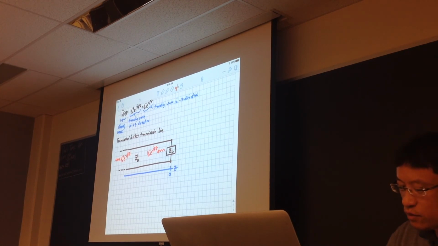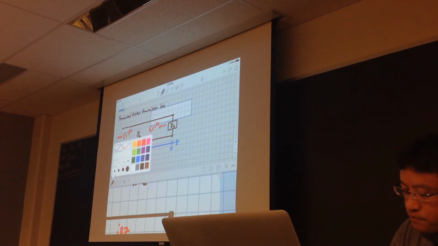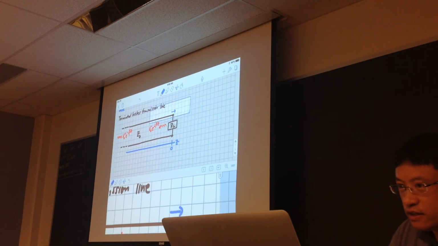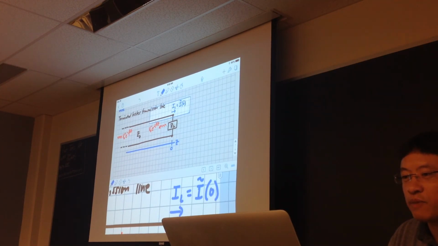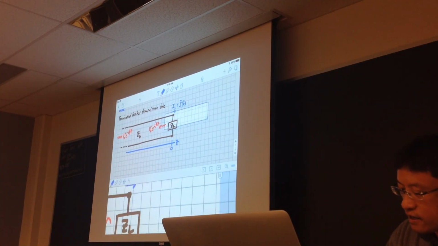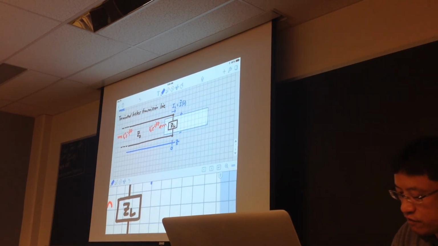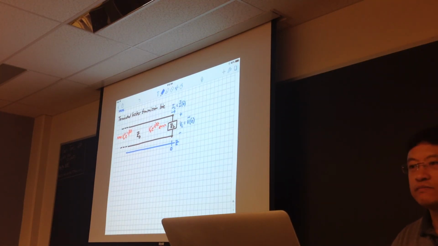Let's see that. We can solve for the reflection by defining things at this node here. Let's say I have some current at the load. The current I at Z equal to 0 is my load current. Across my load impedance, I'm going to have some voltage, which is the voltage at Z equal to 0.